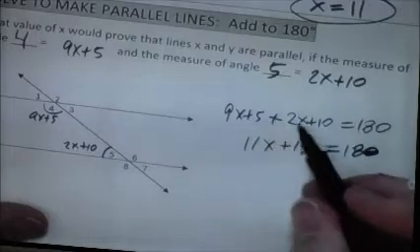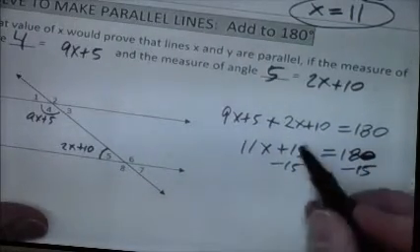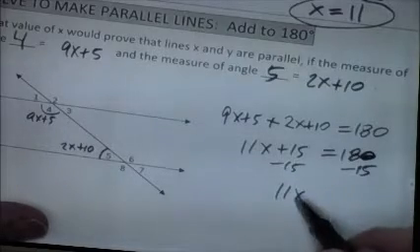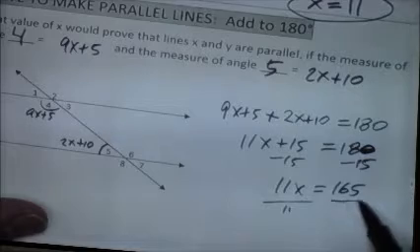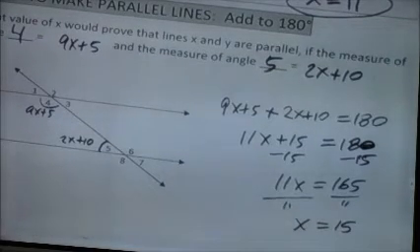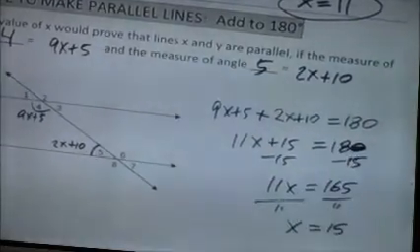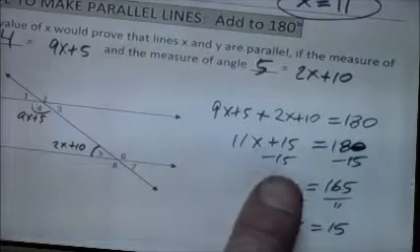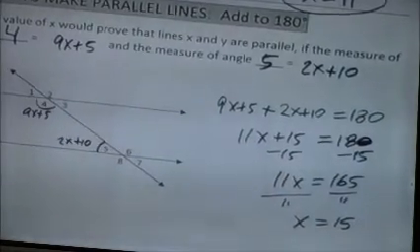So adding the common ones on one side. Now I'll subtract 15 on both sides, so clear that up and just have 11x. And then I'll divide by the 11 to get the x by itself, and it happens to be the number 15. So those are the math steps to go from here to here. Combine the like terms, subtract on both sides, divide on both sides, and we isolate the x and get 15.